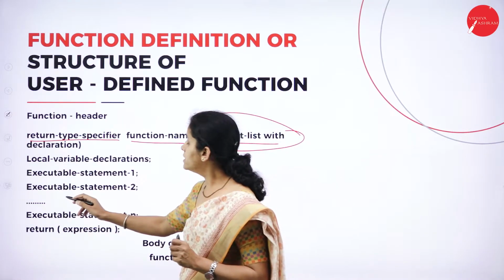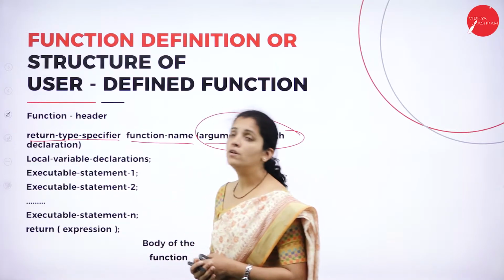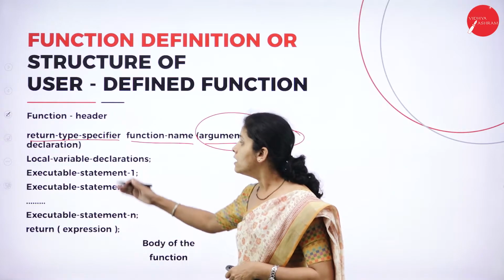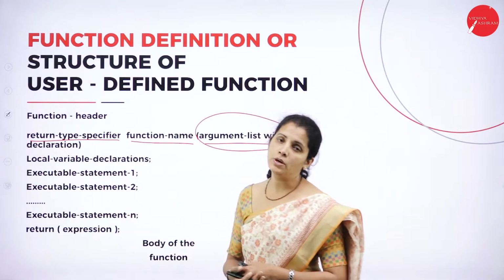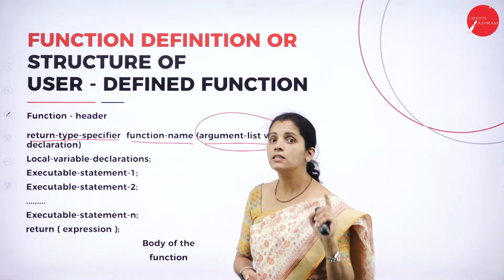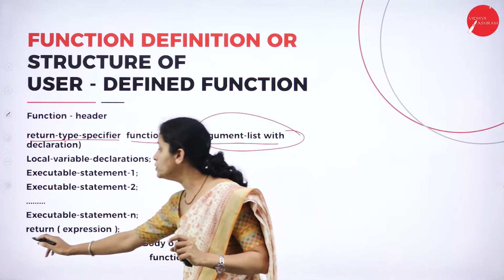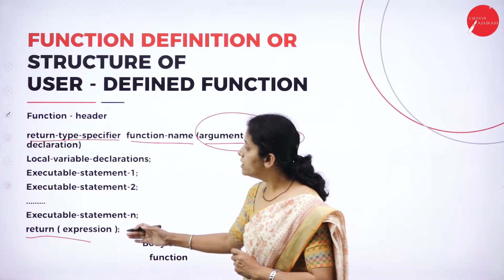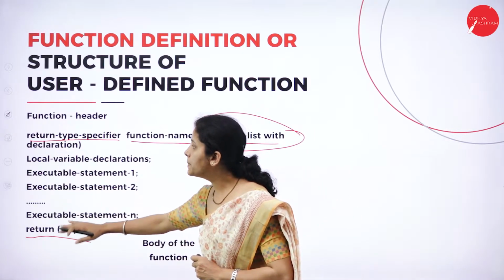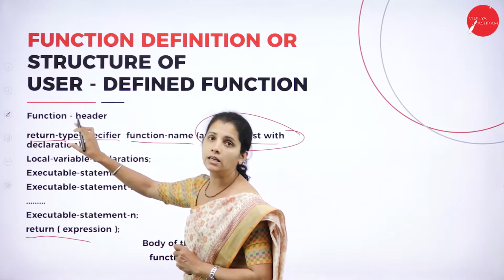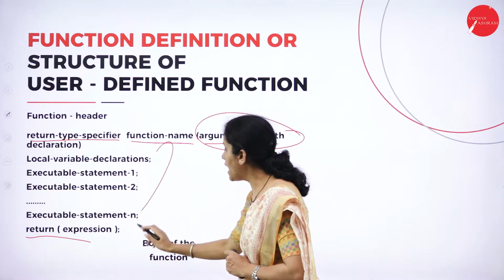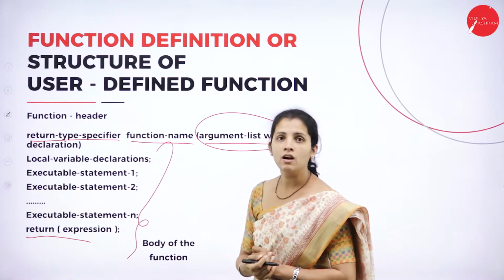After that, I have the local variable declaration and executable statements, and at a certain point I return the output. The return statement mainly depends on the return type of the function. This is known as the body of the function.